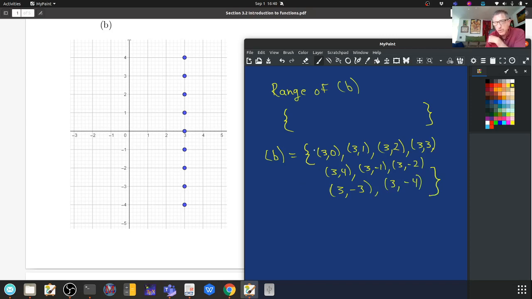So be careful. These are the curly braces that indicate a set. These commas right here indicate different elements in this set. These are not intervals because the context is an ordered pair. This is the coordinates, the xy value of a point.